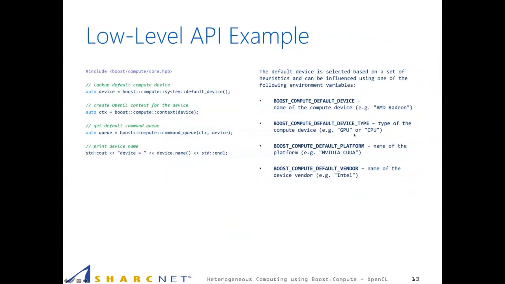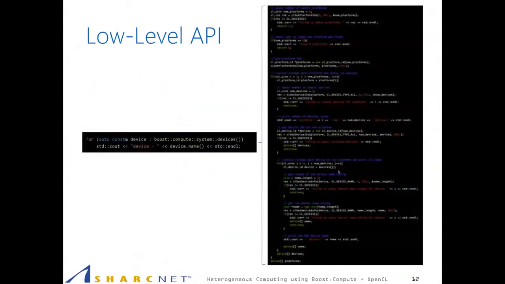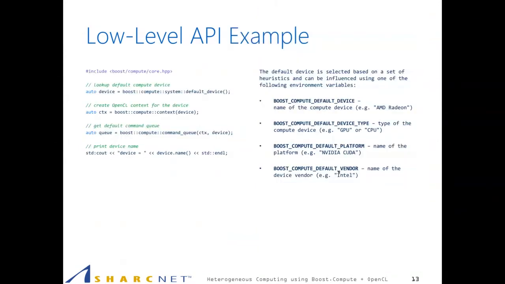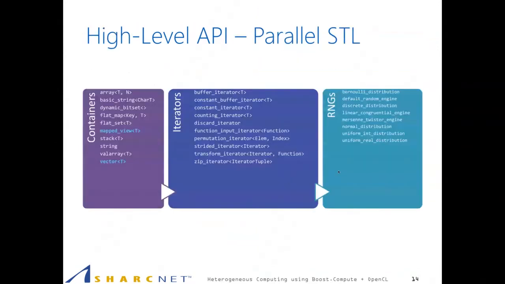There are three different types of devices for OpenCL: accelerators, GPUs, and CPUs. So if you want the default device to be a GPU, you can set this environment variable to GPU, and so on. But you can also selectively decide on which device your code is going to run. For example, you can iterate using the same loop like this one, find the devices that you are interested in, and start to run your code there.